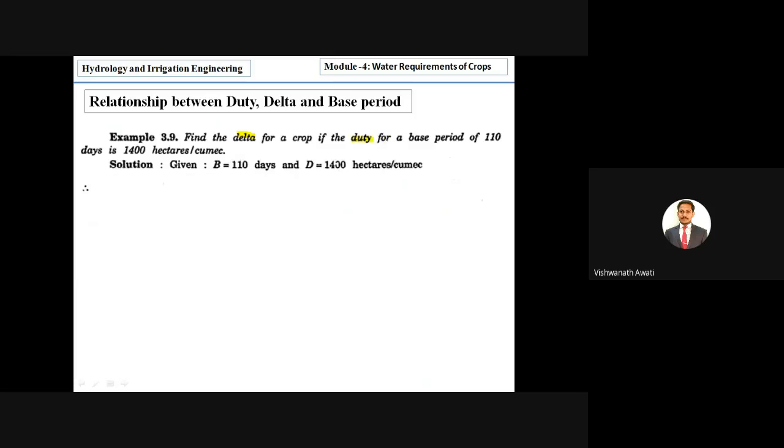So B equals 110 days, and the duty is 1400 hectares per cumec. We have no need of converting units either.